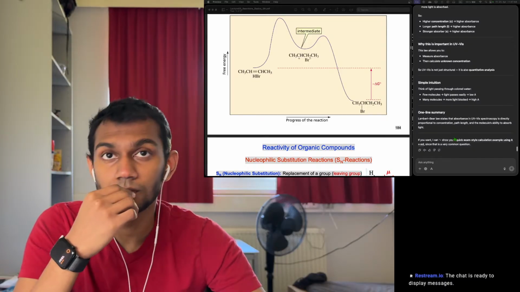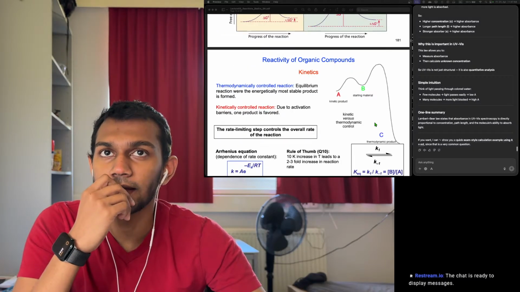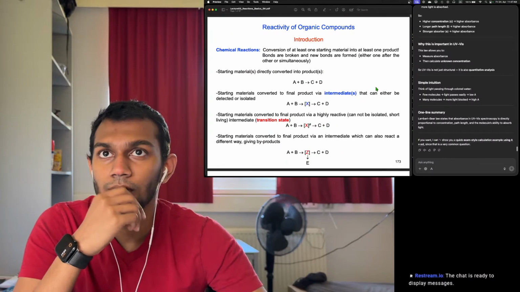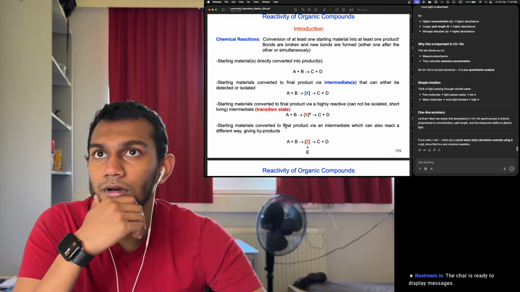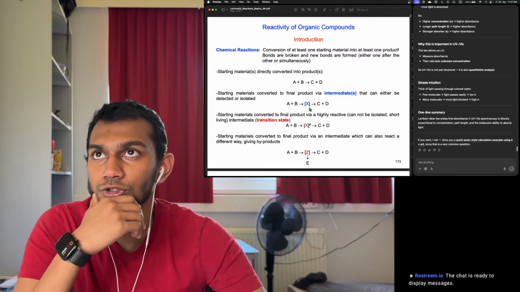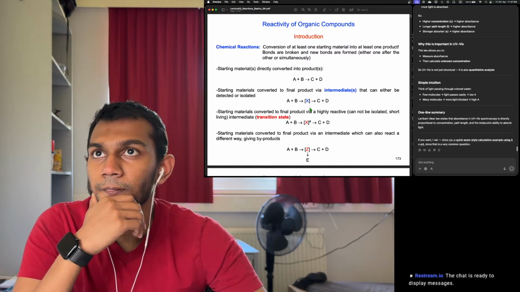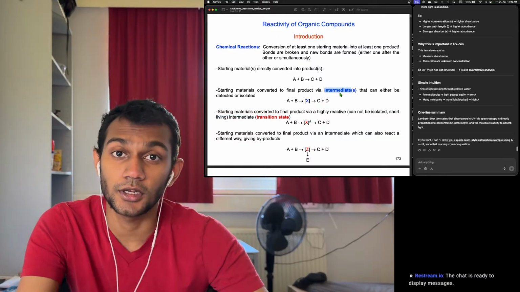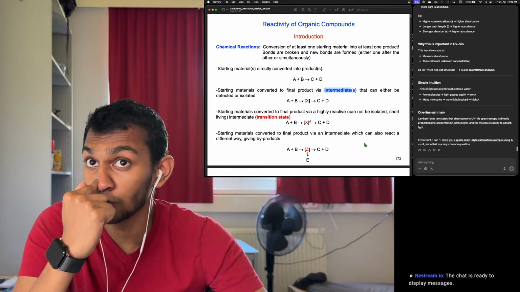Let's go. So last time, where was I? I know this one: there are two types of reactions. In one, reactants are directly converted into products. Otherwise there's an intermediate and a transition state, but the transition state is almost like the intermediate, but it cannot be isolated.